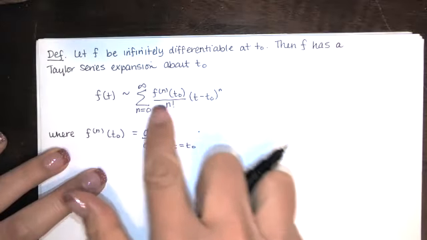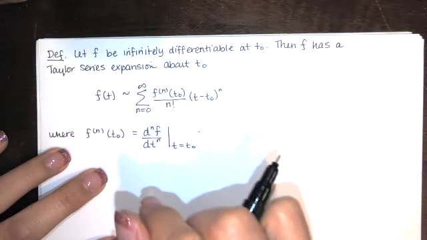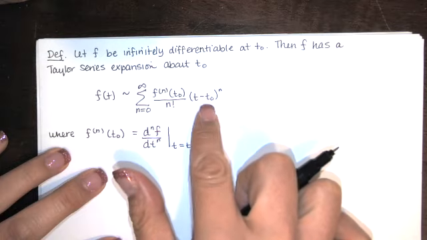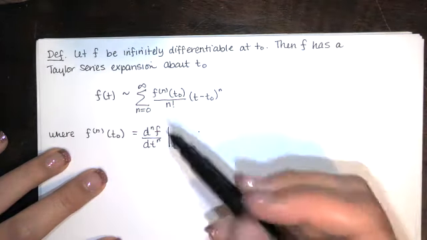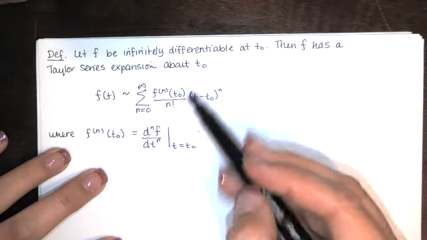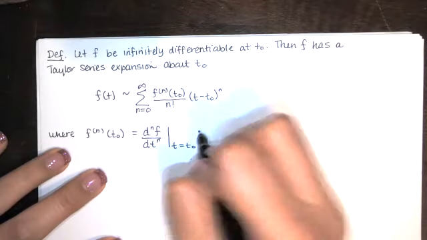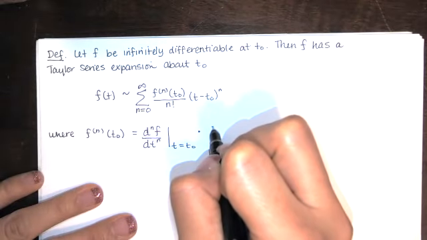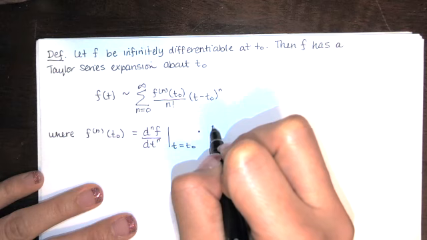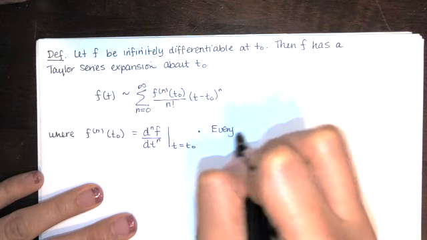Of course, these are just numbers that depend on the function f times t minus a number to some power. We're adding all of those together. So this is a power series. It's a special power series where these are the coefficients. I'll just write every Taylor series is a power series.